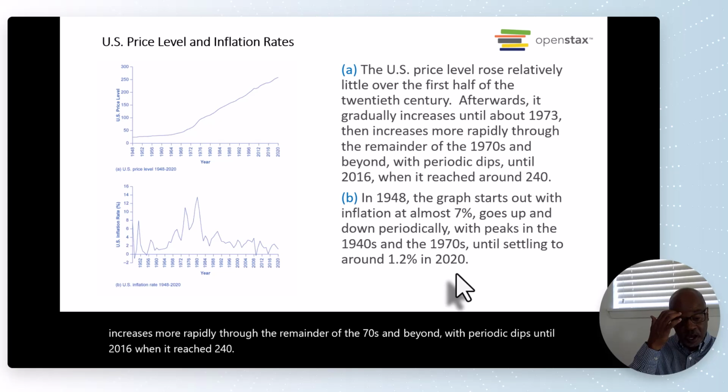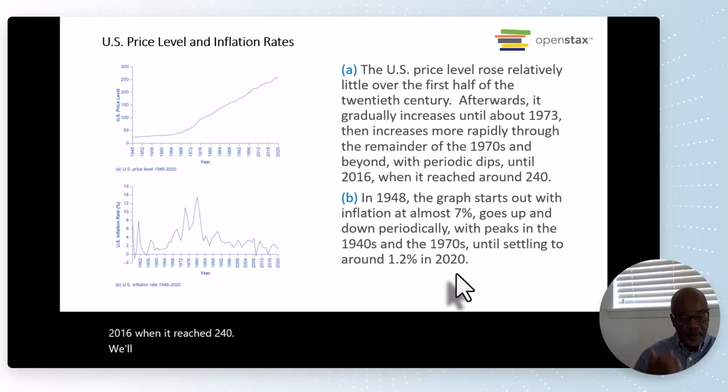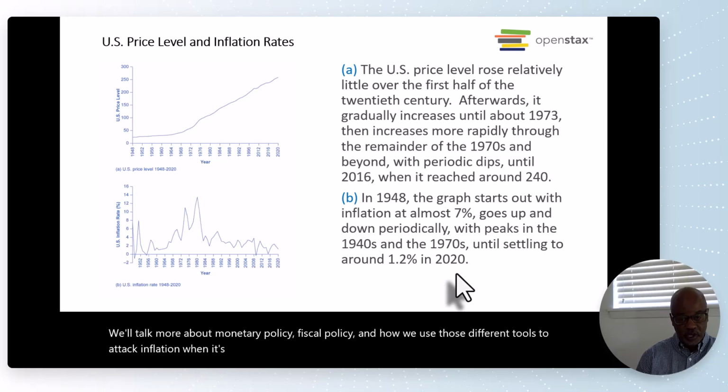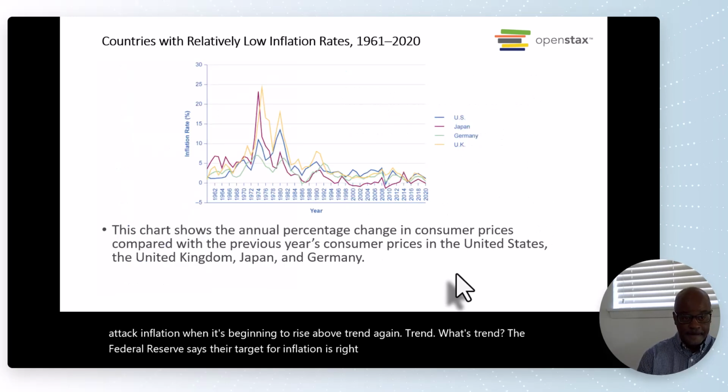So we'll talk more about monetary policy, fiscal policy, and how we use those different tools to attack inflation when it's beginning to rise above trend. Again, what's trend? The Federal Reserve says their target for inflation is right at around 2%.